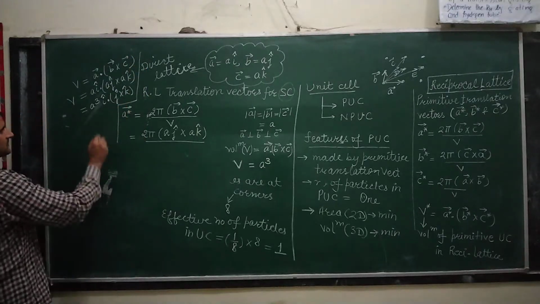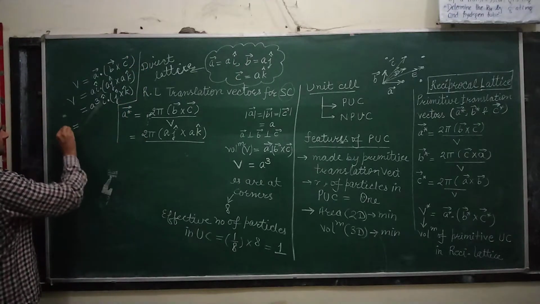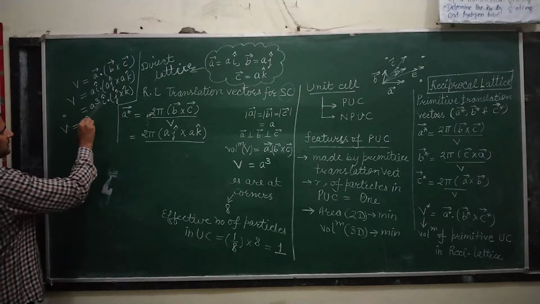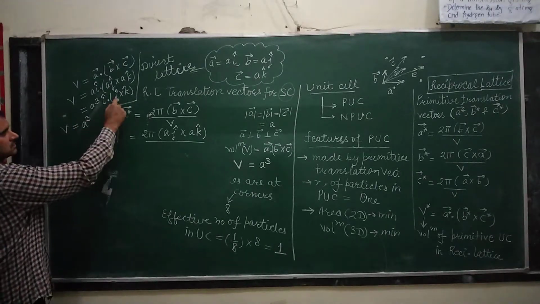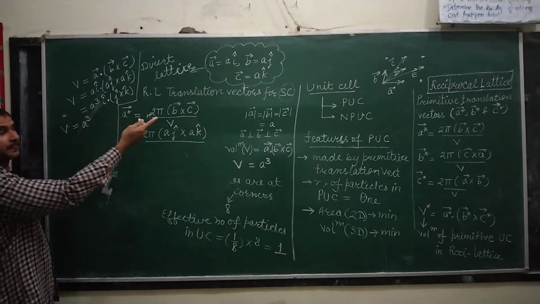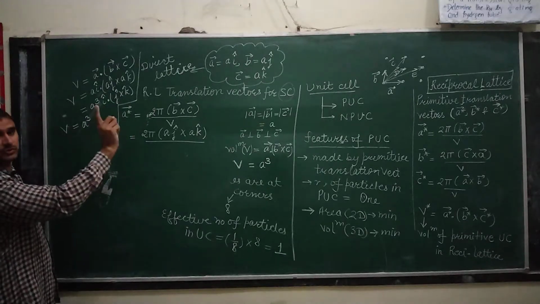Okay class, so here you will see V is equal to a cube into j cross k, this is plus i, and i dot i will be unity.